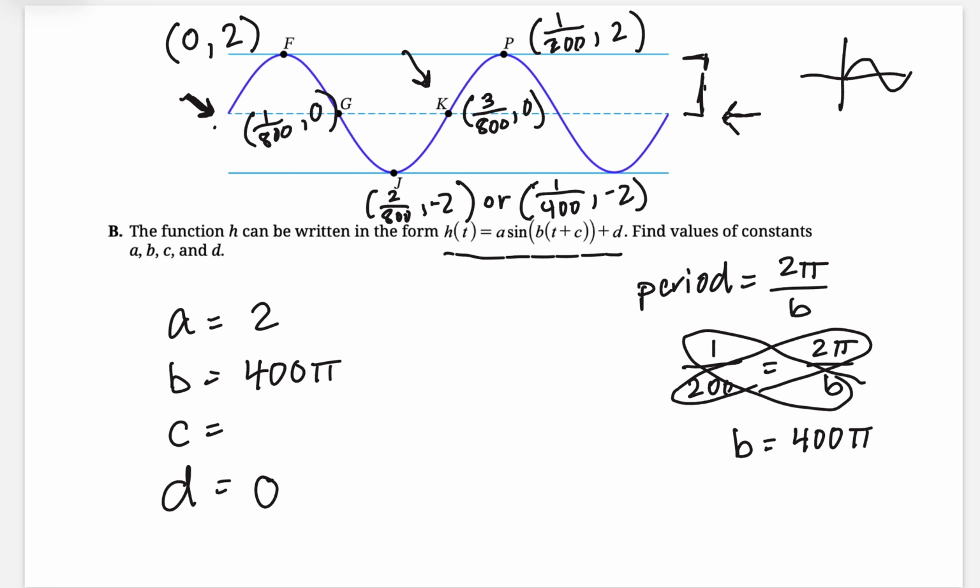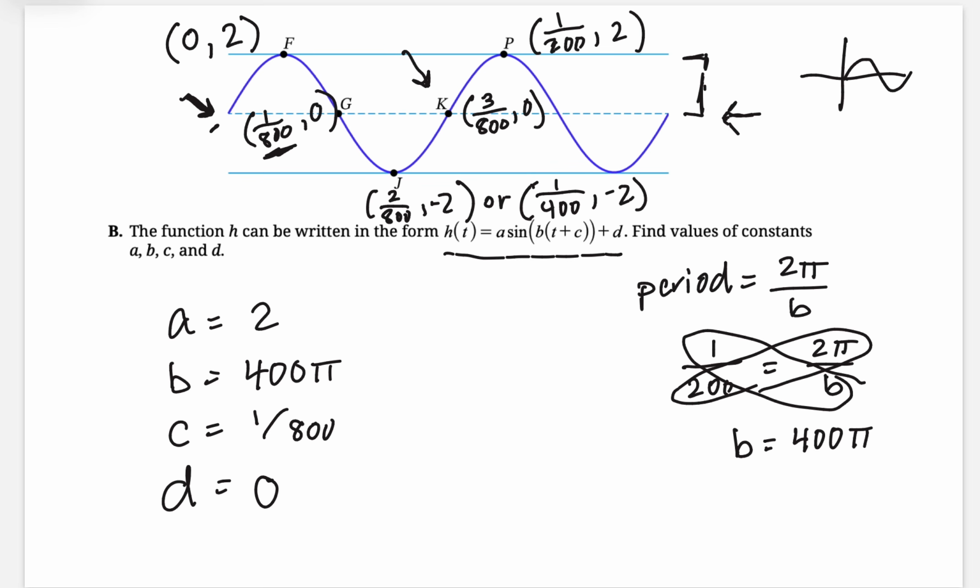So if we picked this point right here, we would want our C value to be 1/800. And we know that we're shifting it to the right to get it to that point. So that would be a positive 1/800.